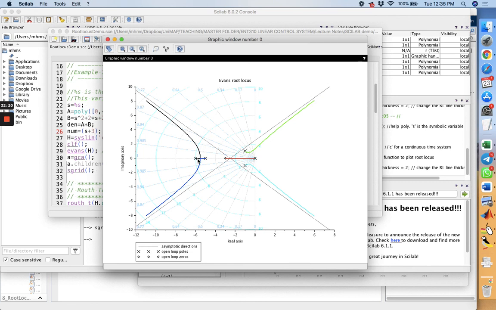Similar to this root locus, between these two poles it goes to the breakaway point, one goes upward and one goes downwards, and then it travels along the asymptotes and never ever crosses these asymptotes.